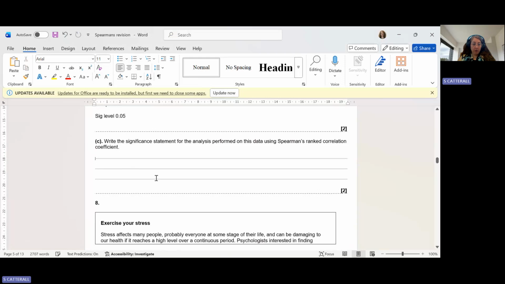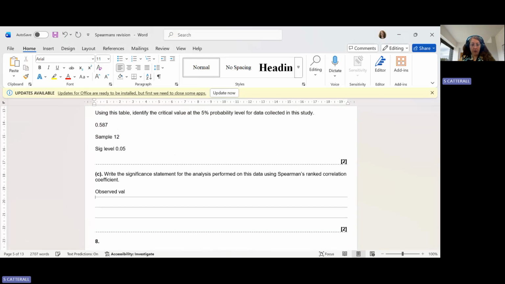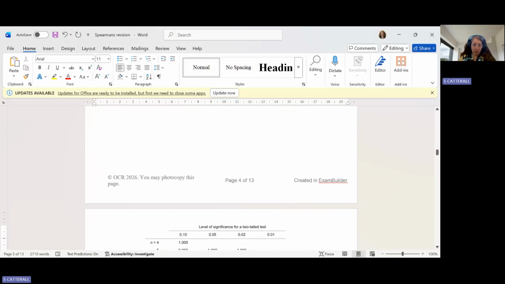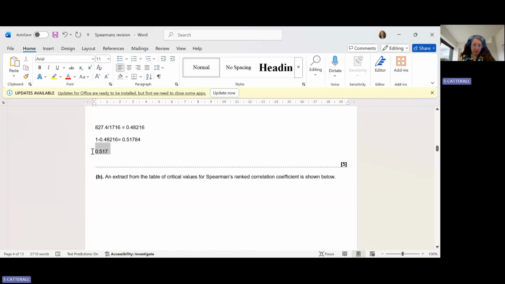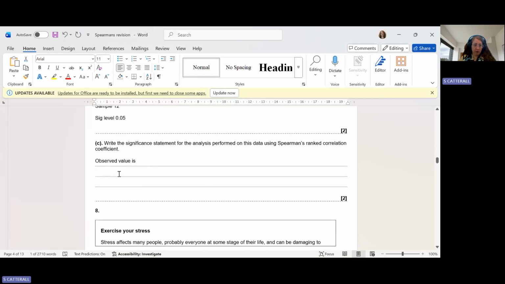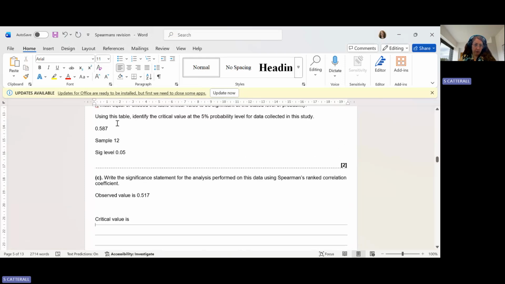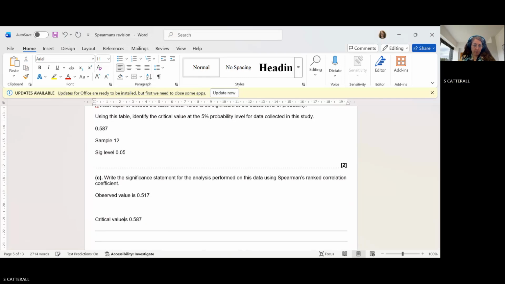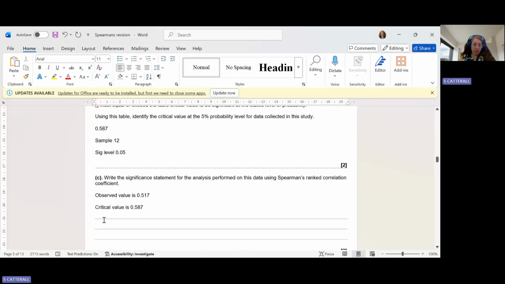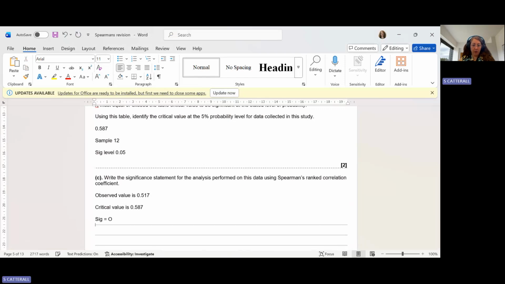Right, a significance statement. So we've got the observed value, which is what we found out before, 0.517, sorry. And the critical value is what we've just worked out here. In order to be significant, the observed has to be bigger than the critical value.